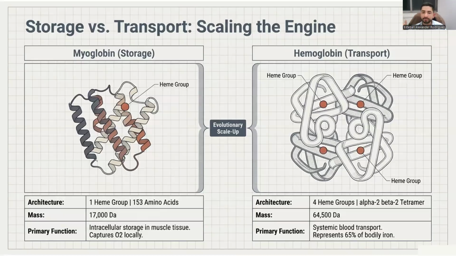On the right, we can observe hemoglobin. This protein's principal function is systemic blood transport, and it represents around 65% of the body's iron. In this structure you can observe four cycles because this protein has four heme groups.